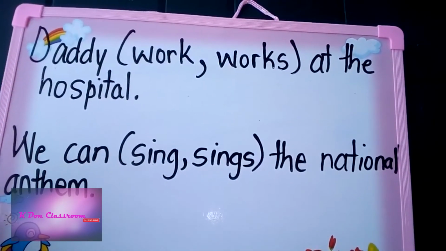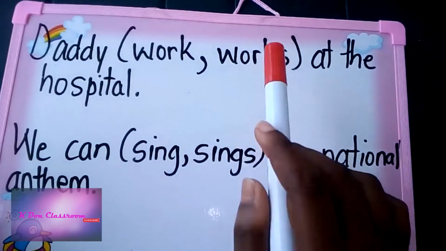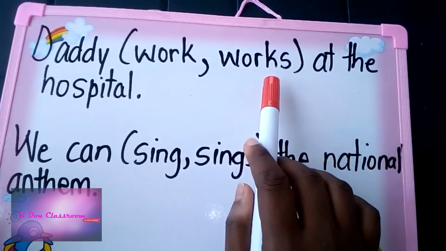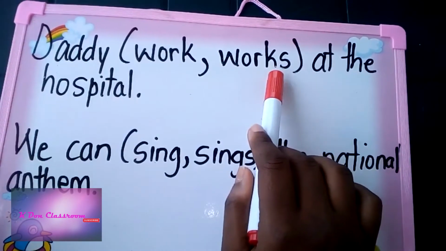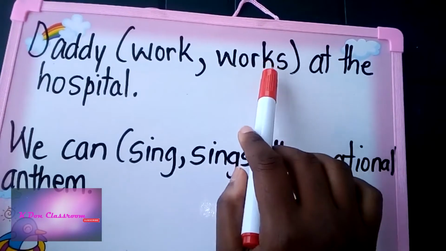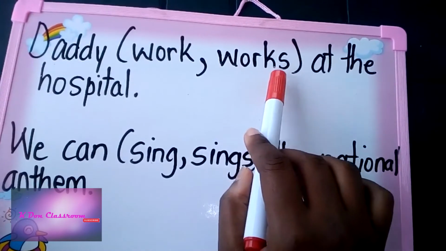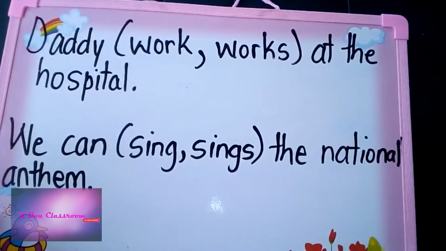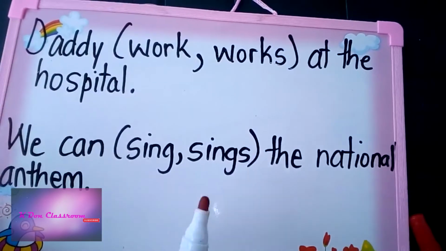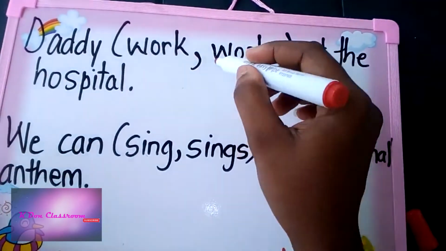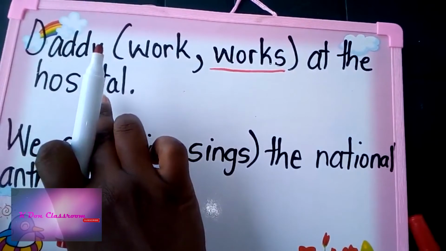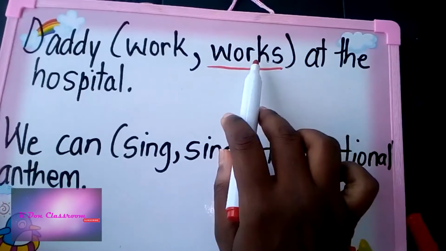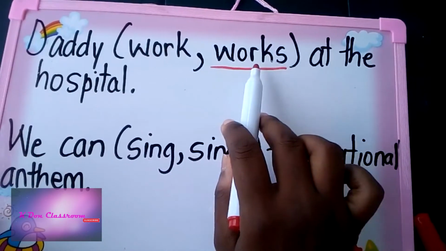Let's recall the second rule again. Singular verbs have S at the end. So we add the letter S to the singular verb. Therefore, our sentence should read, Daddy works at the hospital. Daddy and works are both singular.